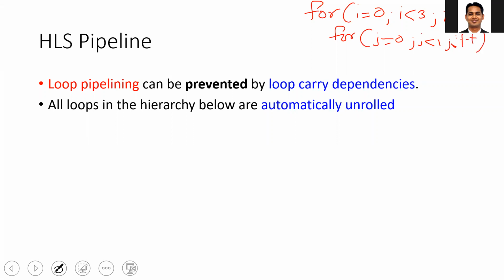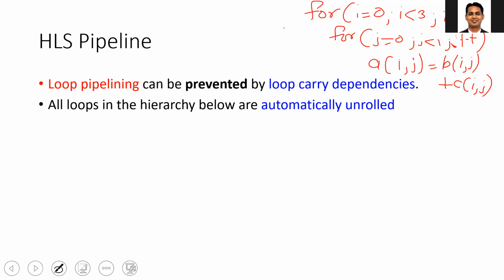Then in the inside for loop, what I'm doing is a of i comma j is equal to b of i comma j plus c of i comma j.